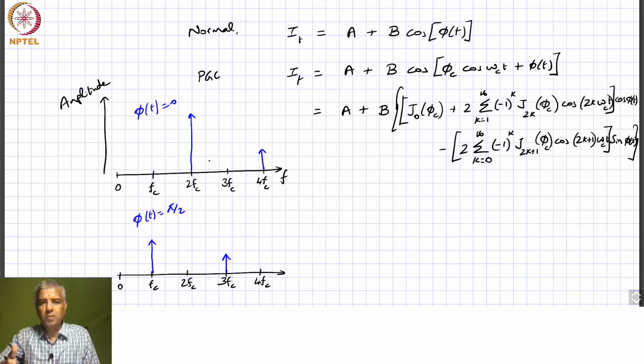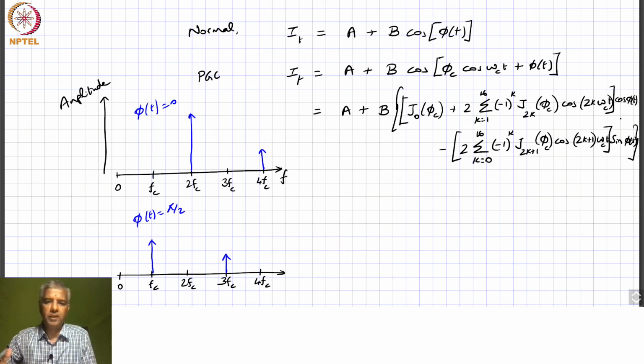So, possibly by taking the ratio of those two components, let's say you take the odd component divided by the even component, it's corresponding to a tan phi of t. So, you can do an inverse tan of that, and then you can potentially retrieve phi of t from there.